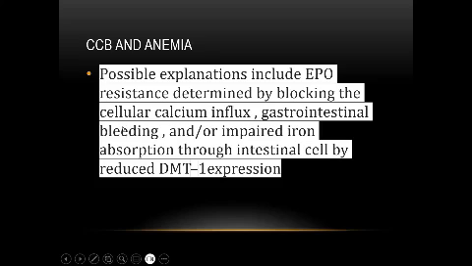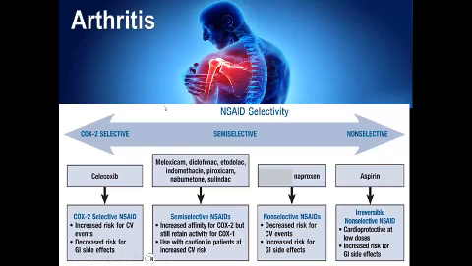That's why calcium channel blockers, by interfering with the action of erythropoietin, can still produce anemia. They can also reduce iron absorption by means of DMT1 expression. So absorption is reduced and cell differentiation is reduced by calcium channel blockers.